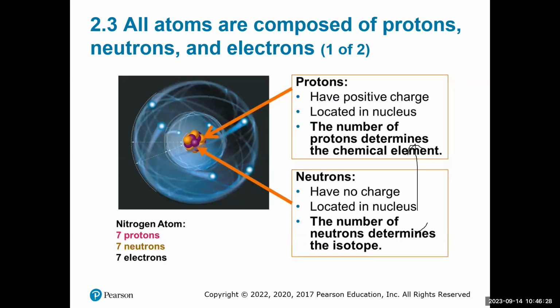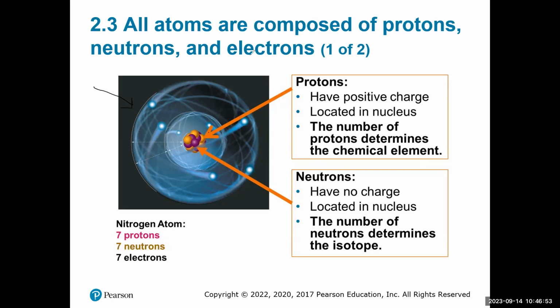All atoms are composed of three subatomic particles, and I want you to understand this: protons, neutrons, and electrons. If you look at a picture of an atom, this is how we visualize it.